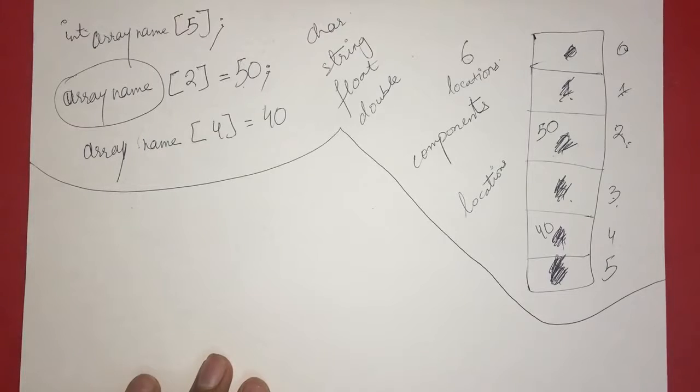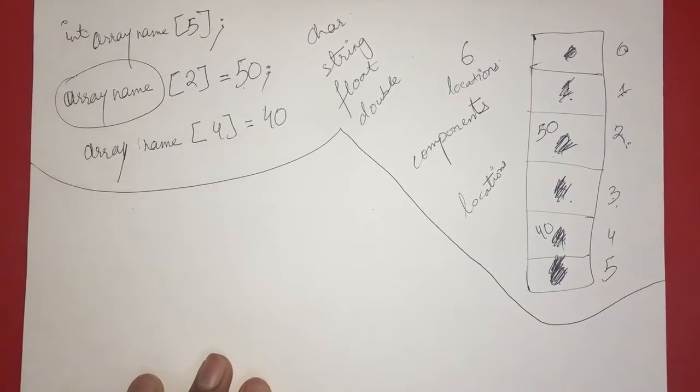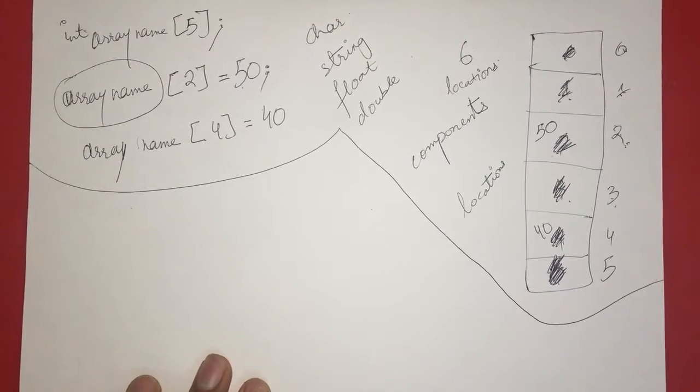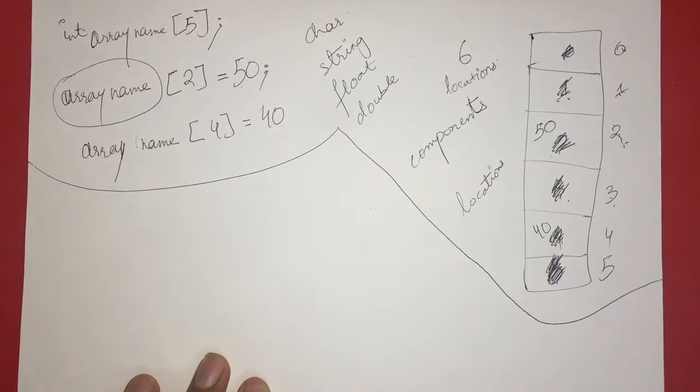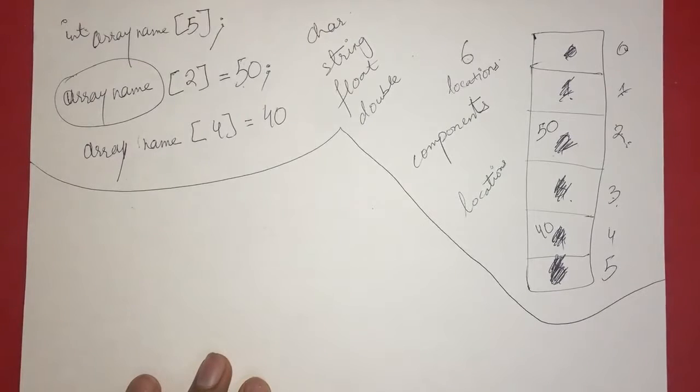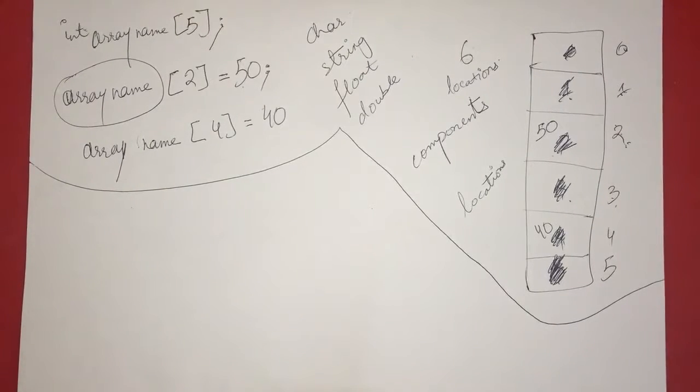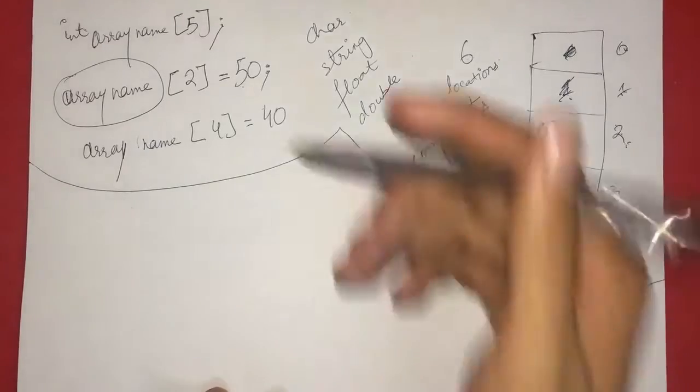We had to first input five components of the array. First we had to make an array whose length was 5, so that means it had 6 memory locations. And then no, okay, I'm confused.